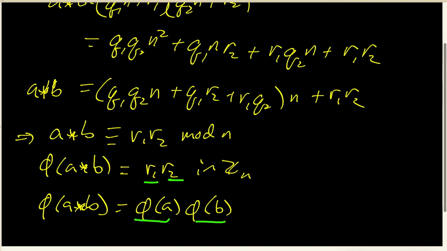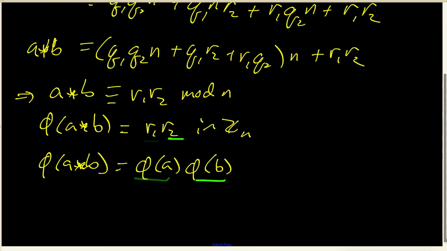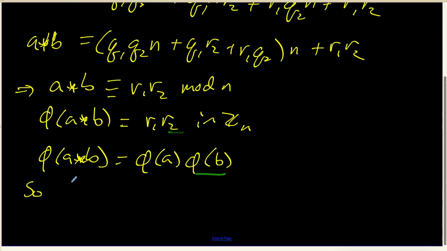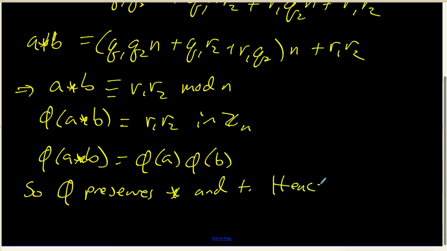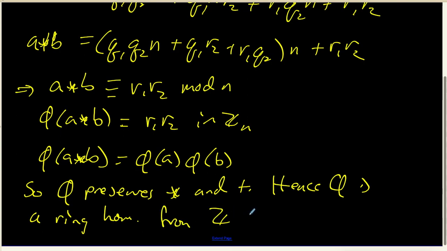And once we have that, we have everything that we need. So phi preserves multiplication as well as addition, and that's enough to conclude that phi is a ring homomorphism from the ring of integers to the ring Zn.